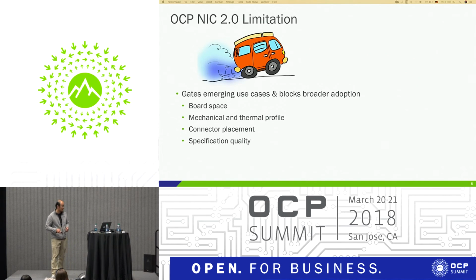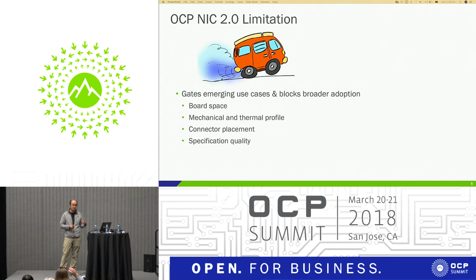But throughout the past 3 years-ish, I also started getting more questions saying, I want to design my ASIC into an OCP NIC, or I have a new use case. But somehow the 2.0 spec wasn't able to accommodate that.